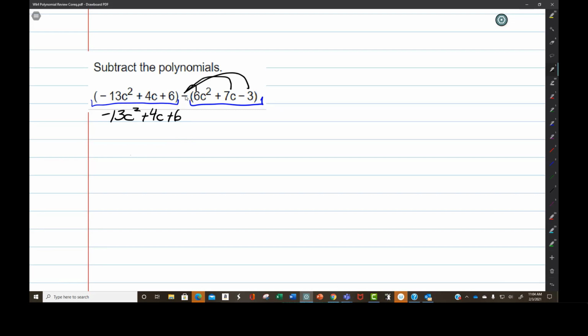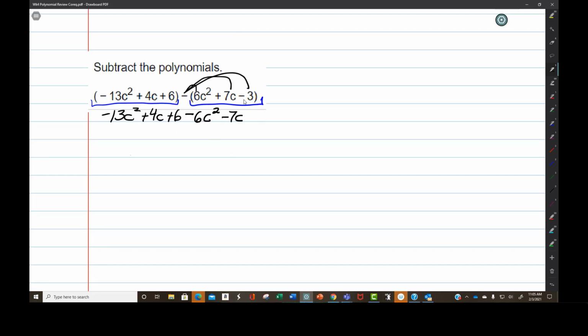So that you're going to have minus 6c squared. And then minus times plus 7c is minus 7c. And minus times minus 3, because these really are minuses, but you can think of them as being negatives too.